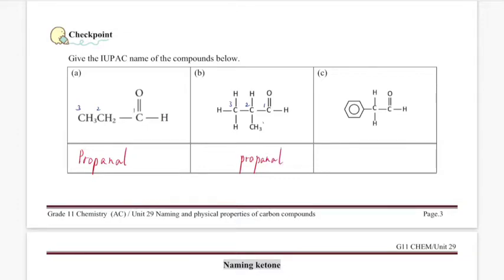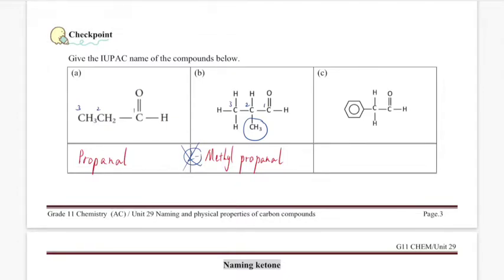And then we also have a methyl group which is attached to the second carbon, so it should be named methylpropanal. Why don't I add a number to it? Why is there no 2 attached to this? Because this methyl group cannot be placed at the other position.